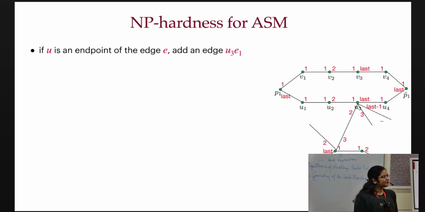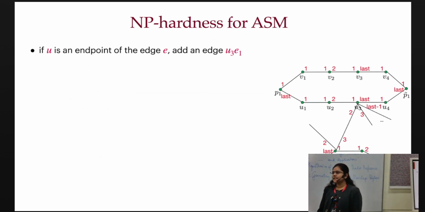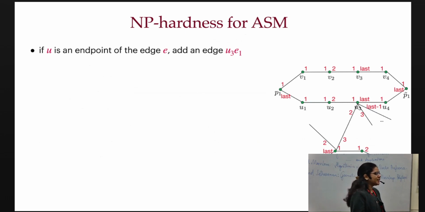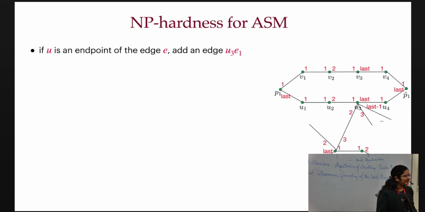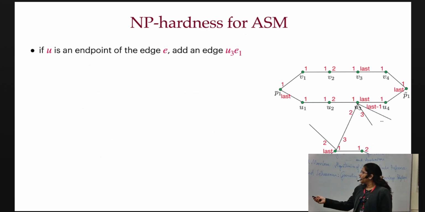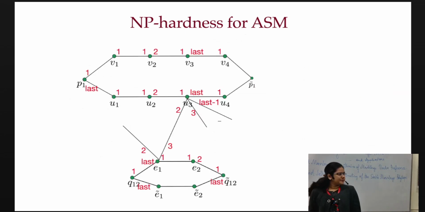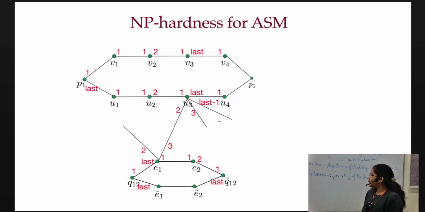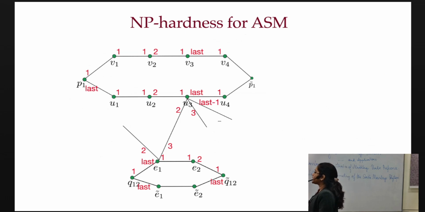Now let us understand why we are doing all these things, because for NP-hardness the intuition needs to be clear. So this is our gadget. What is the stable matching here?